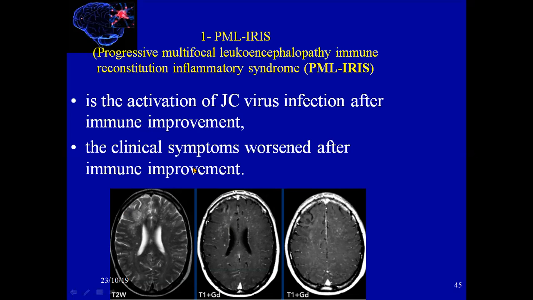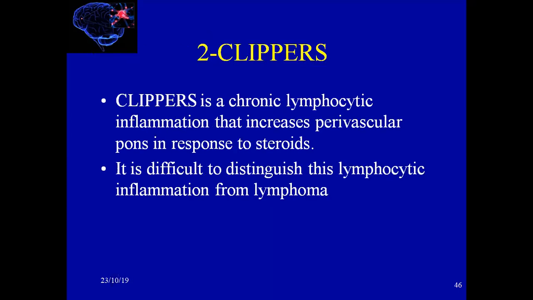Immune reconstitution inflammatory syndrome is activation of JC virus infection after immune improvement. The clinical symptoms worsen after the immune improvement. As we see here, this is multiple active perivascular enhancement in the brain.